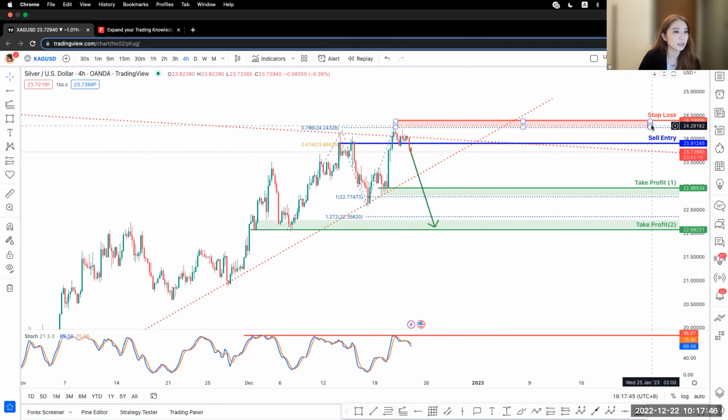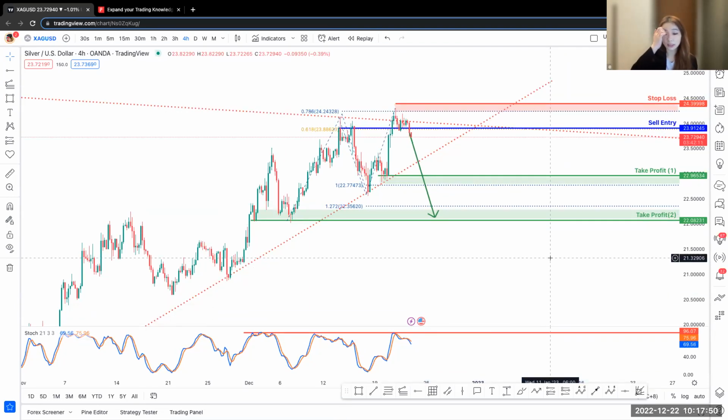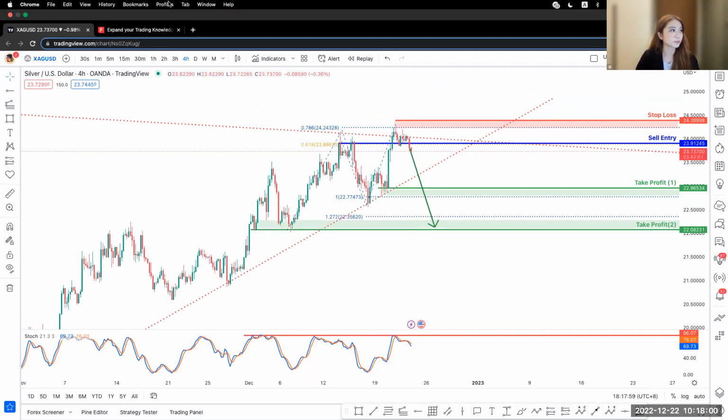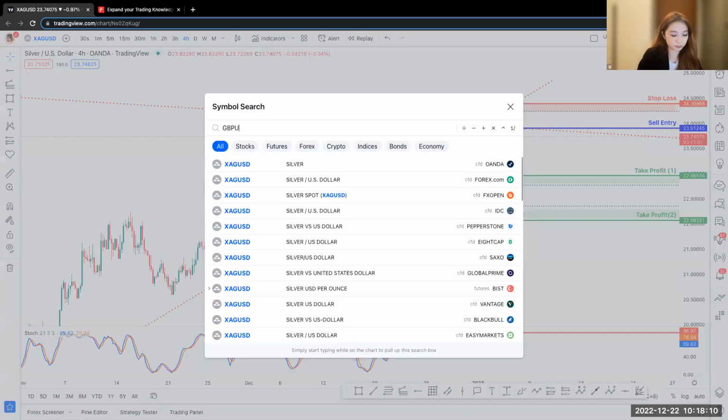Okay, this is silver. Anybody else have any pairs to ask about? Okay, pound dollar, let's take a look.